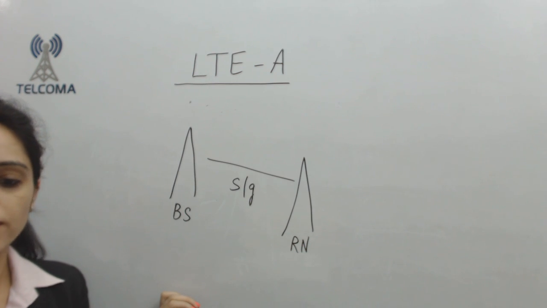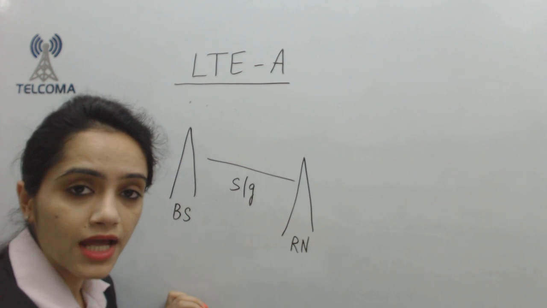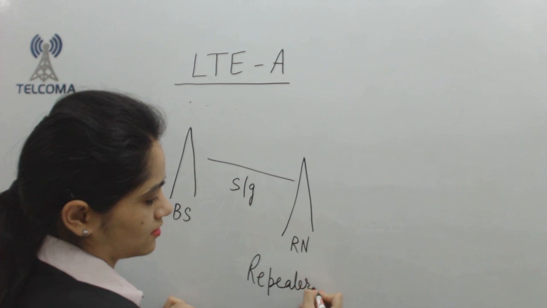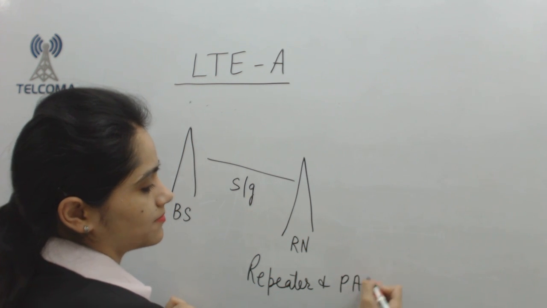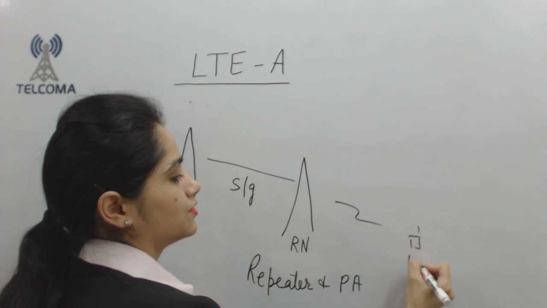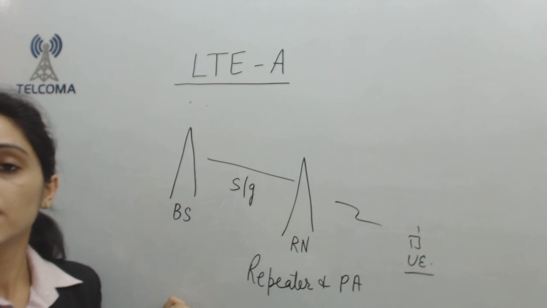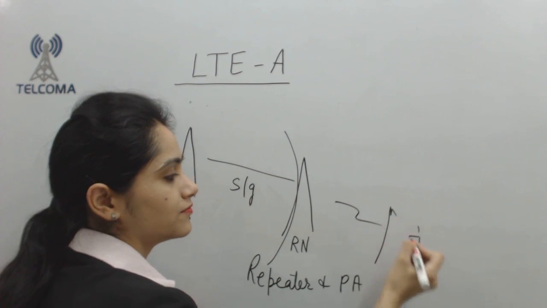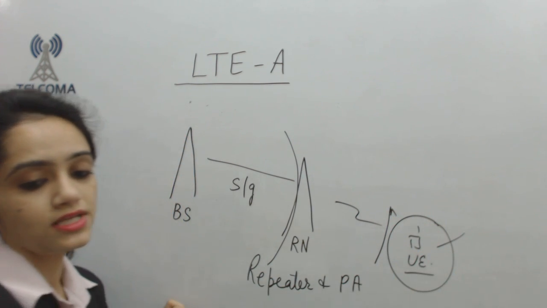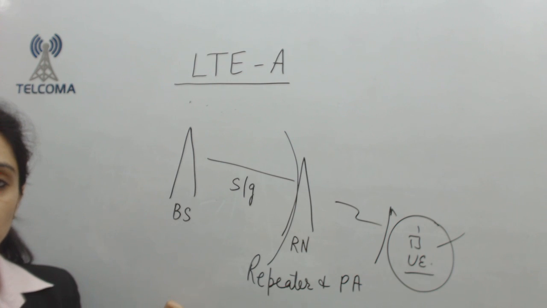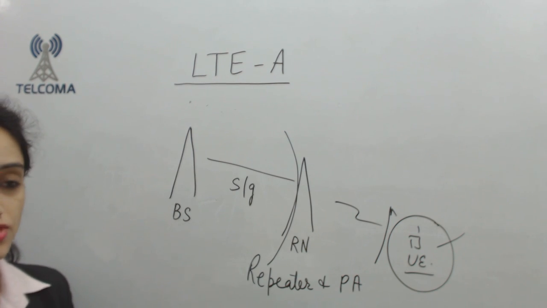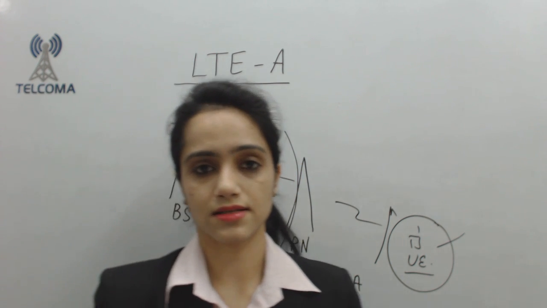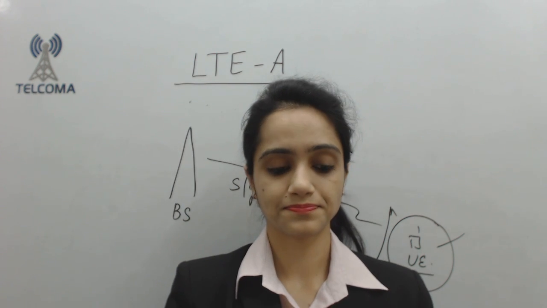This relay node works as a repeater and power amplifier for the other user equipments in the system. As it is attached at the cell boundary, it will improve the coverage and the signal strength for these user equipments. So these are some of the features of LTE Advanced. LTE CoMP we will cover in our next class. Thank you so much.